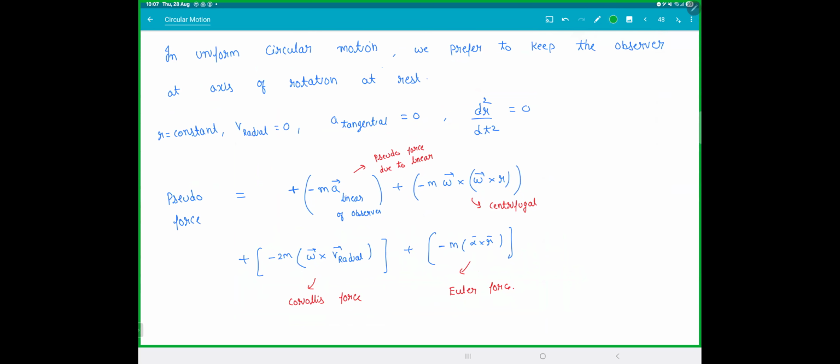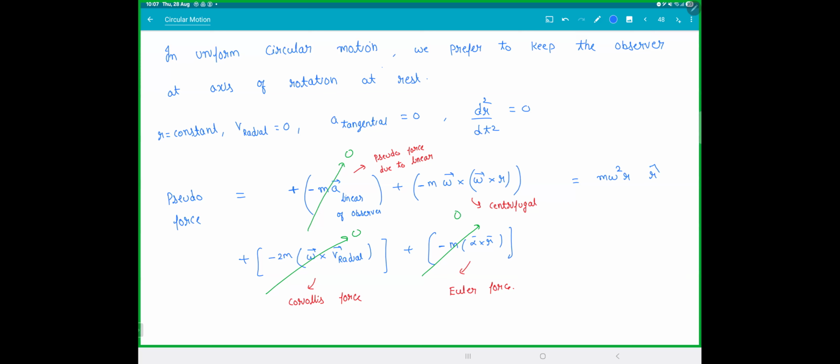So luckily, you're at the center, so this term is 0. This term is 0. This term is 0. So you'll be stuck with only m omega square r cap. This is your centrifugal force. Later on, we will add all those terms also one after another. So for now, it is pretty straightforward.